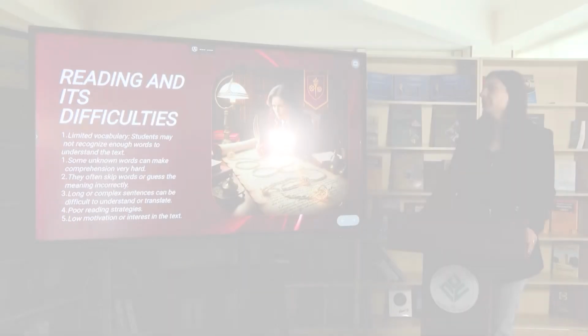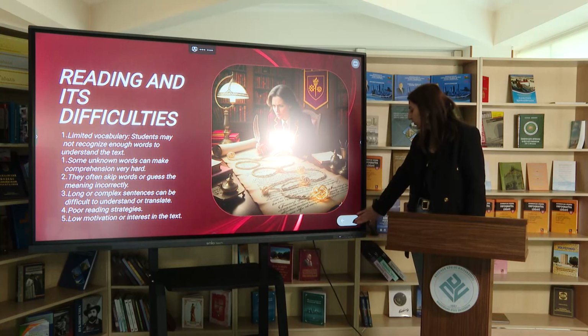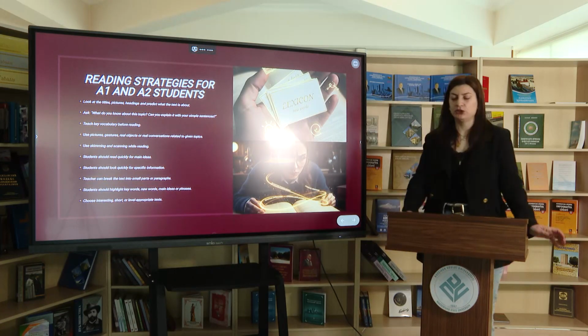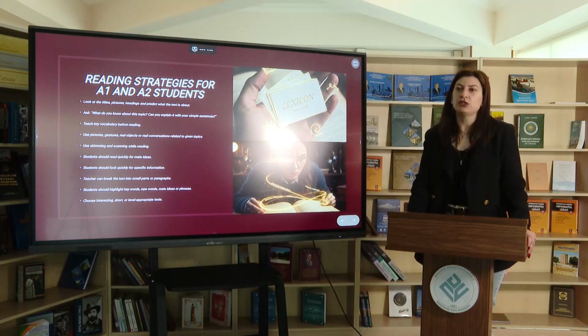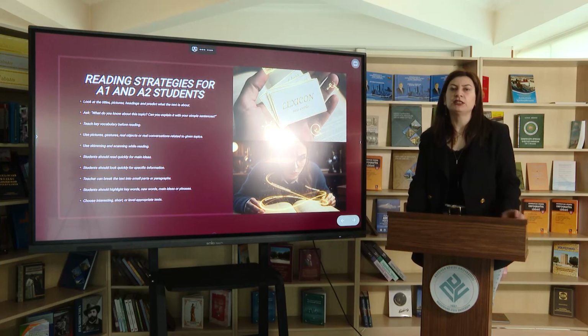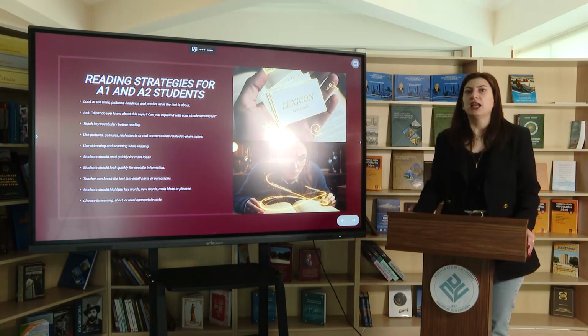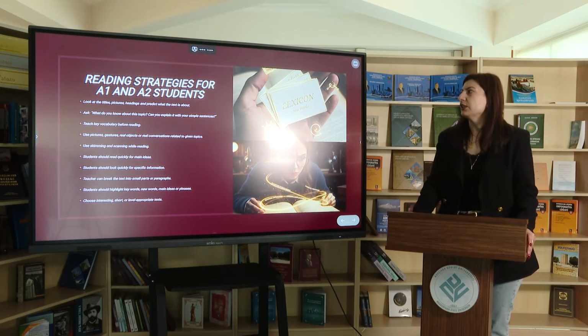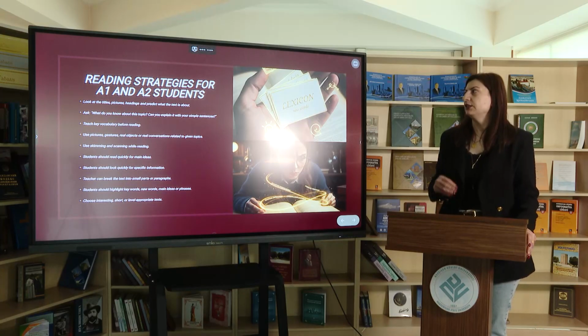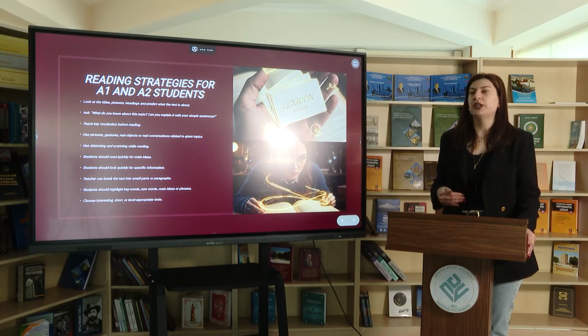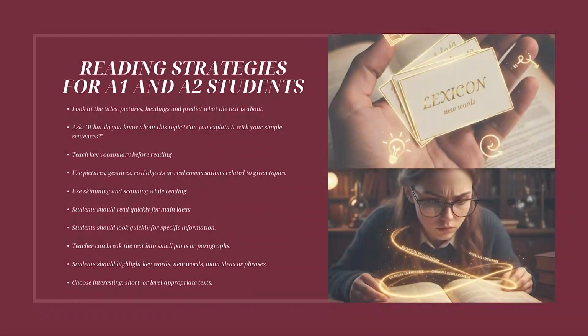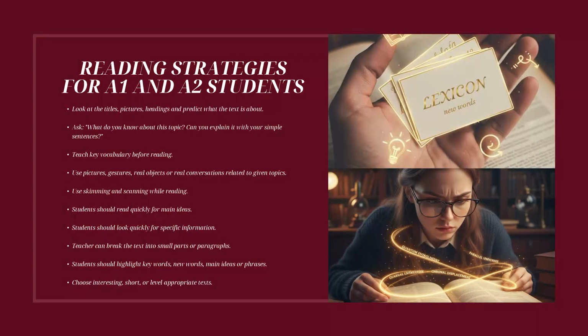And I have some strategies which will help our students, especially beginner level and elementary level students, to understand the meaning of the text. For example, first, look at the title, pictures or headings and predict what the text is about.